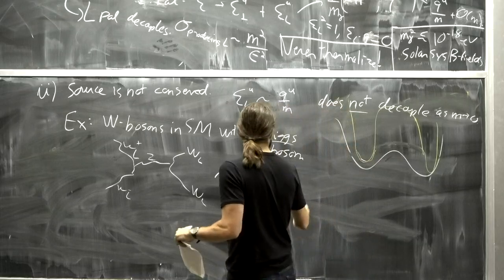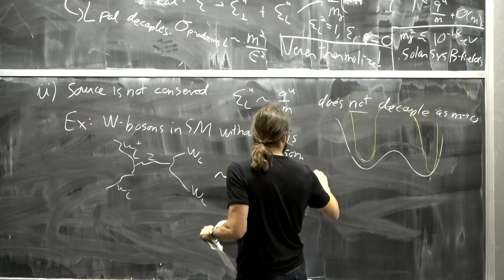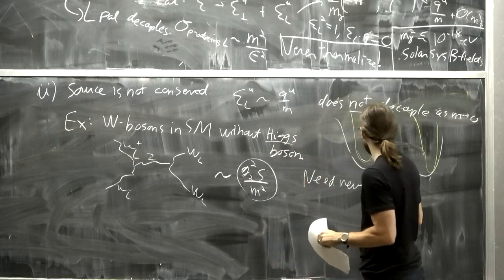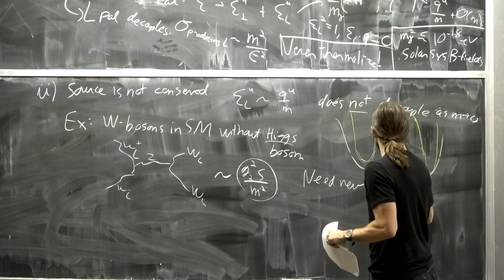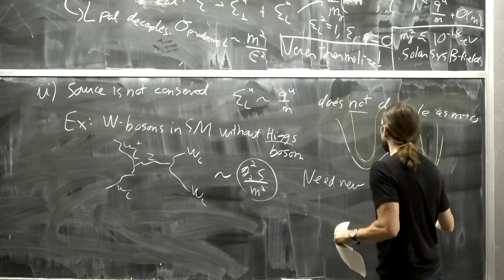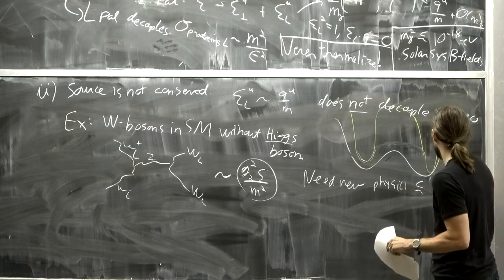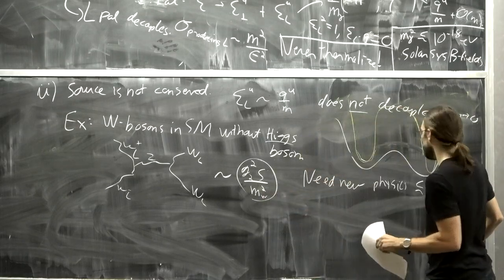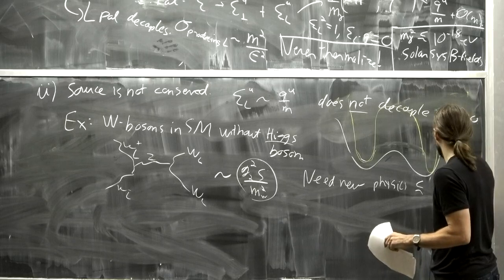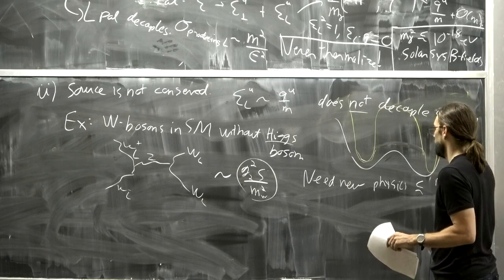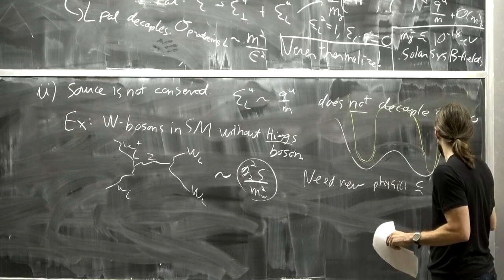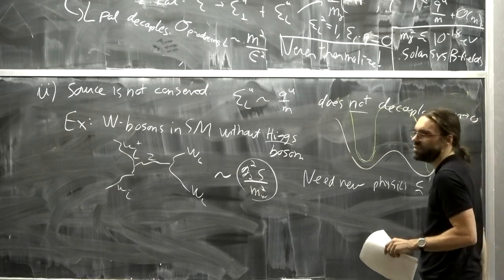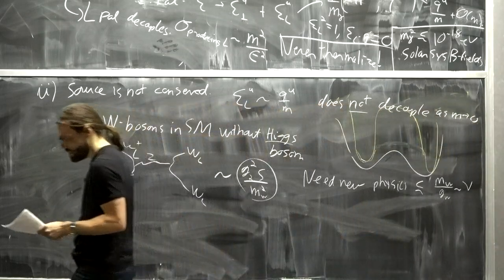So basically, we get a bound: if you study this theory literally without the Higgs boson, you need new physics below a scale which is parametrically the W mass divided by the coupling, which is order the VEV of the putative Higgs.